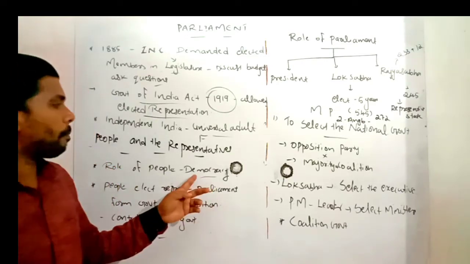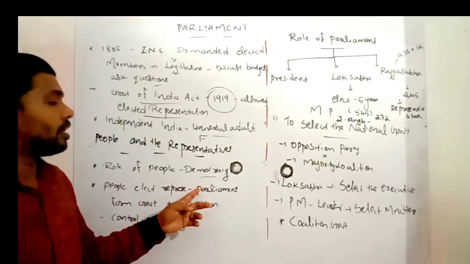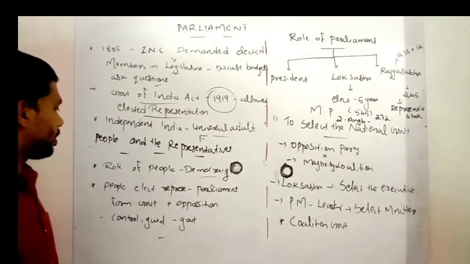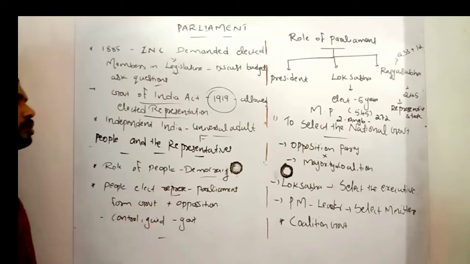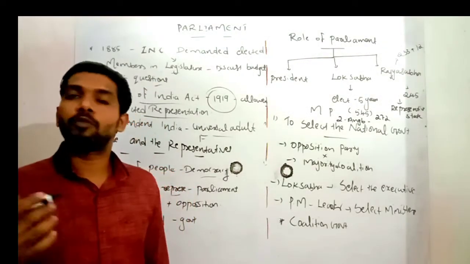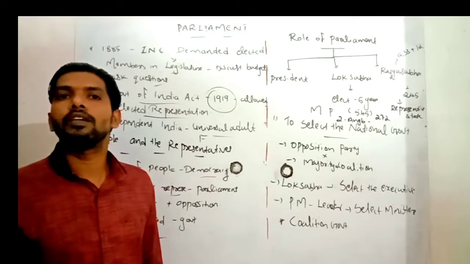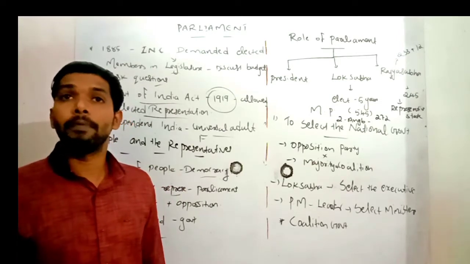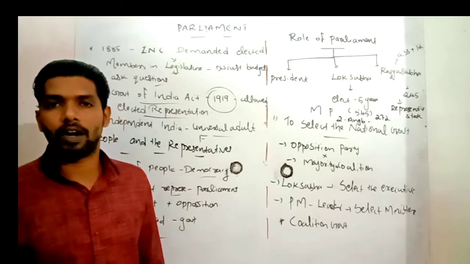That is why people's opinion, their votes and their representation are most important in our democracy. People elect their representatives to the parliament. The representatives form the government, they form the opposition party, and they rule for the people. Through their representatives, the people's voice can be heard in our parliament.